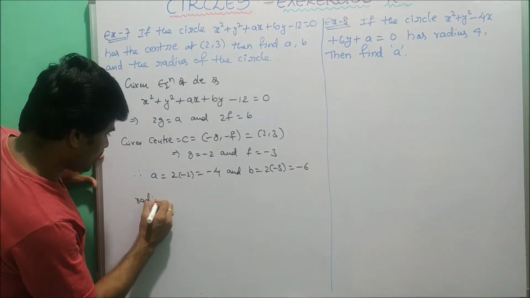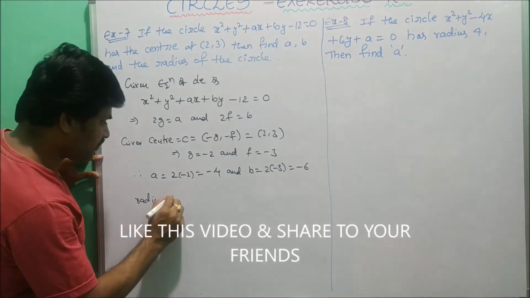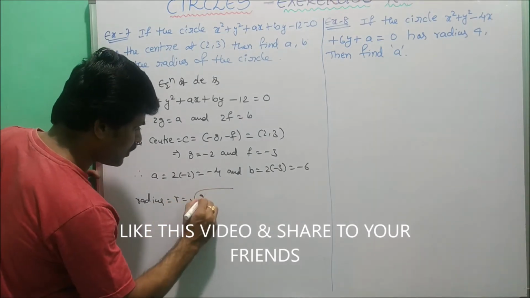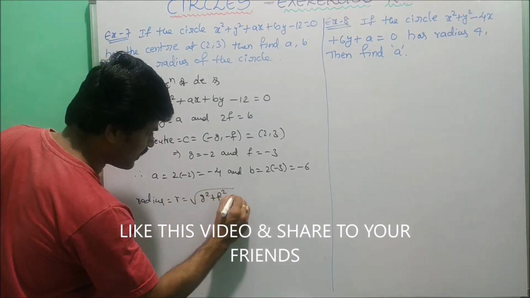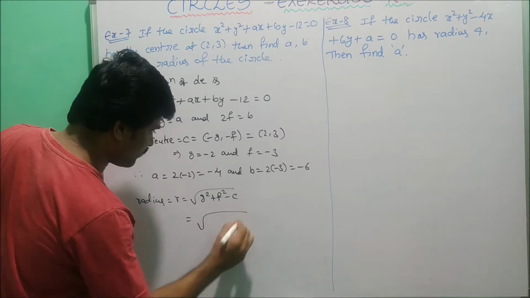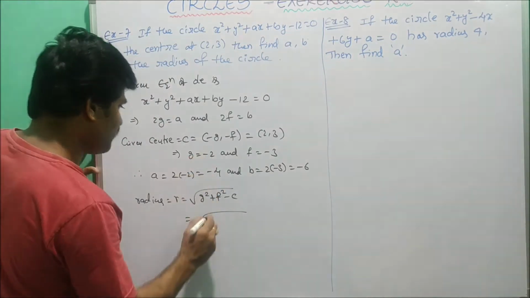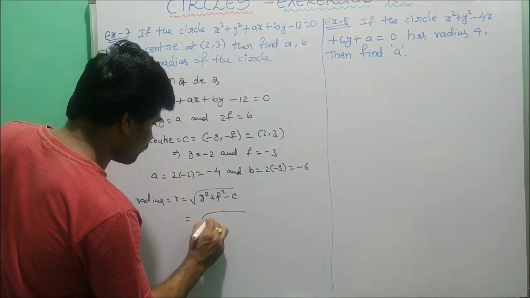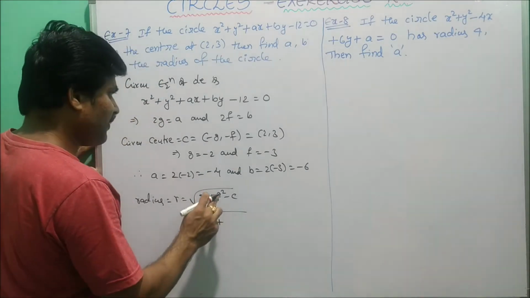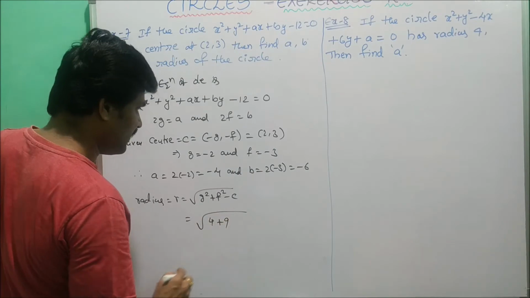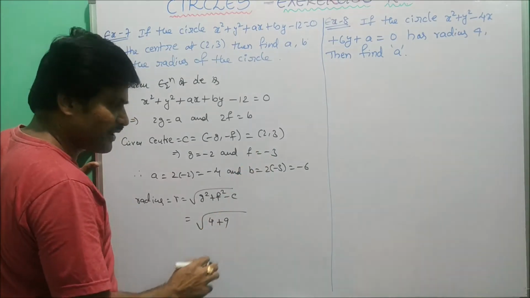The formula for the radius of the circle is square root of g square plus f square minus c. Now substitute g, f and c. g is minus 2, so minus 2 whole square means 4. f is minus 3, minus 3 whole square means 9.